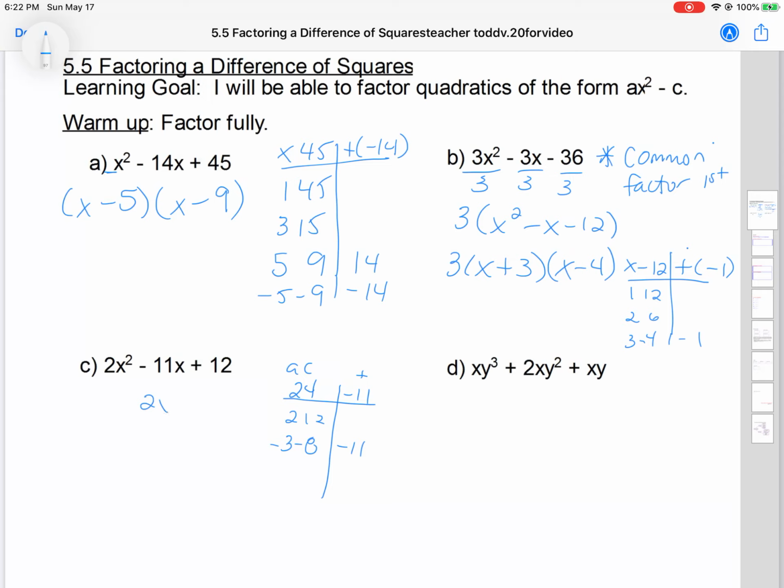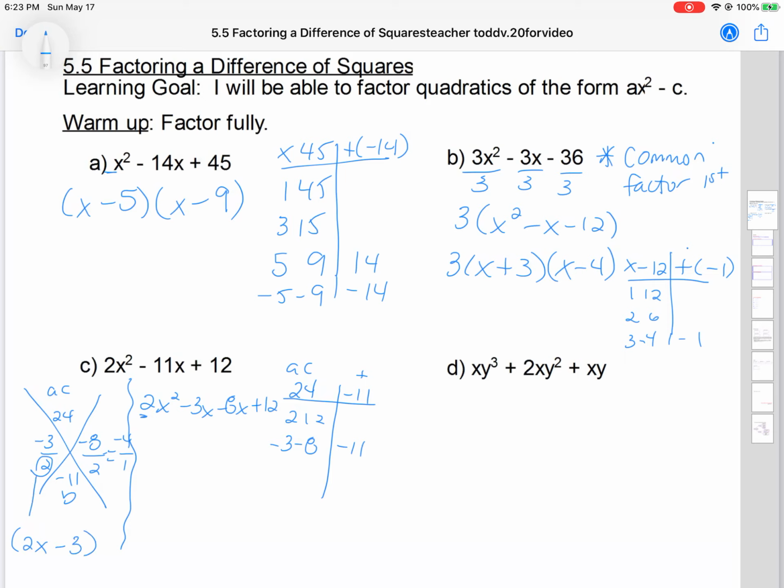Okay, so you can do decomposition, or you could do magic X. It doesn't matter. If you choose magic X, you have to divide by the a value, and then reduce the fraction if possible. And then these become your factors.